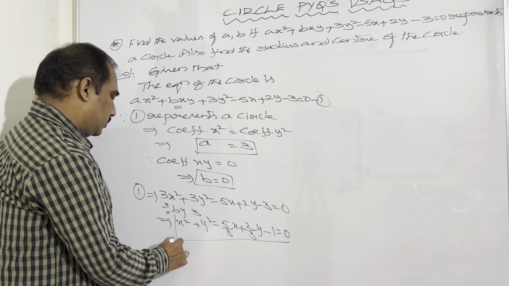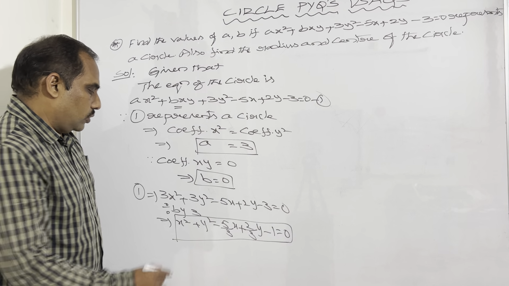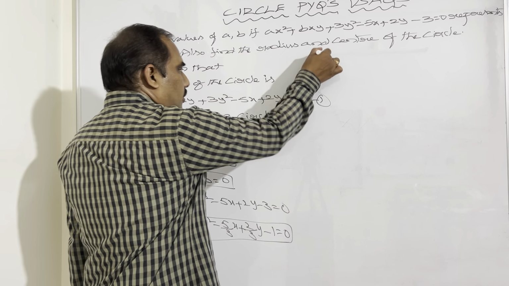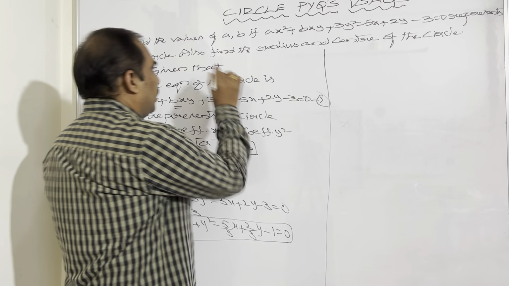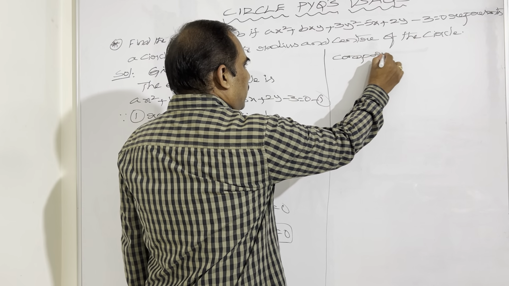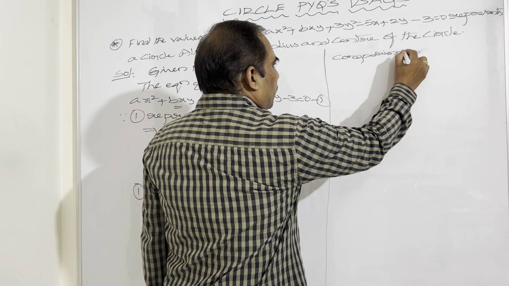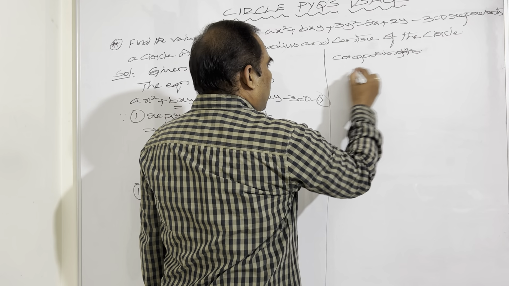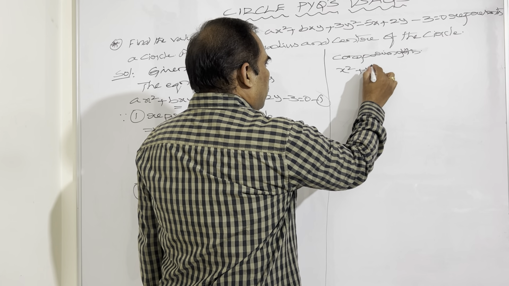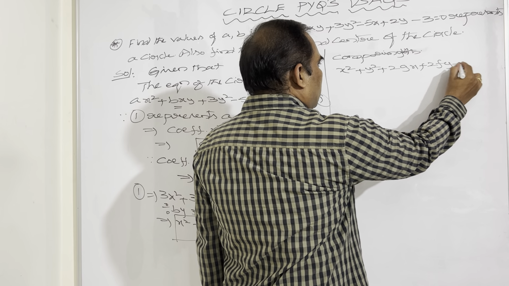We get the general equation of the circle form. Comparing it to find the center and radius.